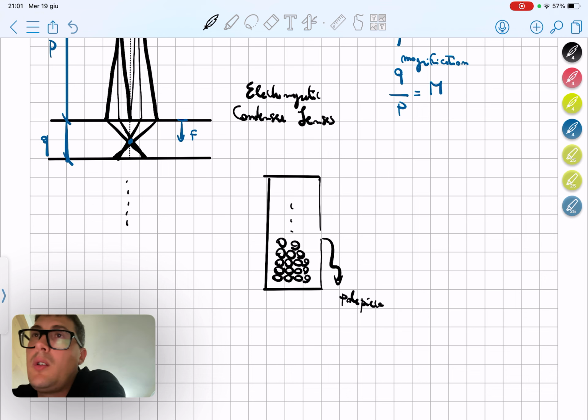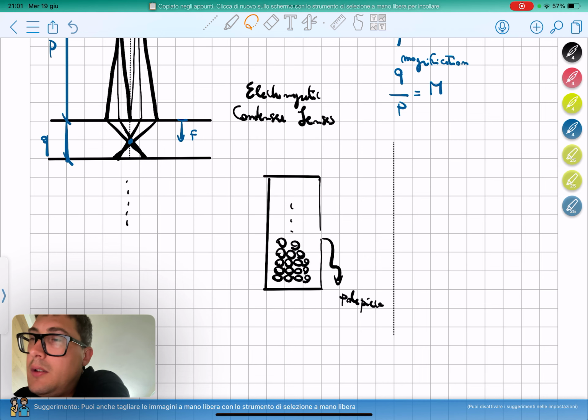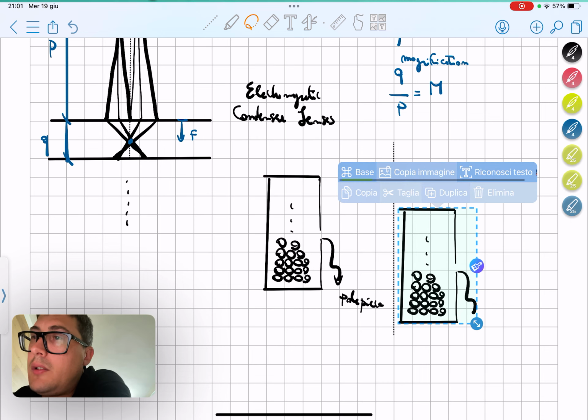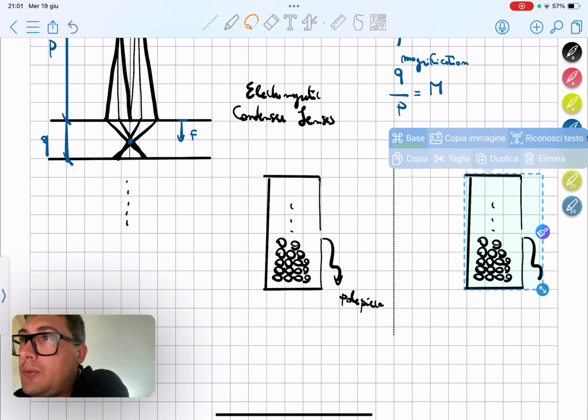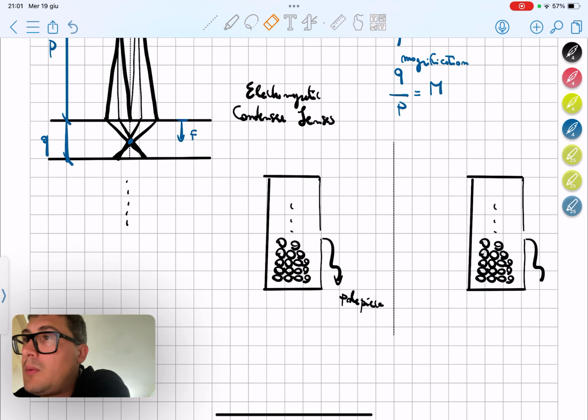And we always have our optical axis. And of course, this is symmetric on the other side. In this case, the aperture is on the other side. It's here.